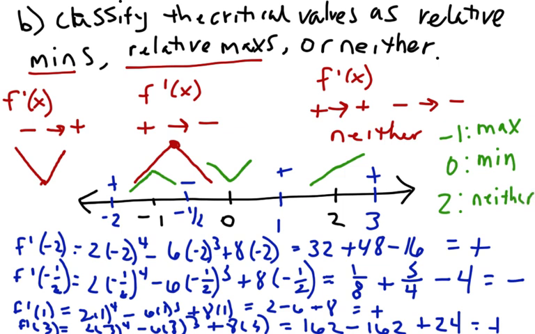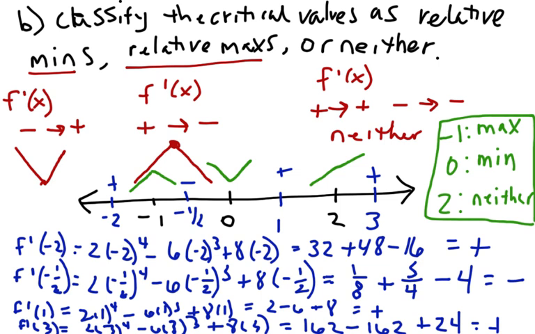Now, this problem said to classify the critical values as relative mins, maxes, or neither, which we've done, so we are finished. Sometimes they might ask you to find the points themselves that are relative minimums or maximums or neither. In that case, I would take these 3 x values, plug them back into the original function, and solve for the y that goes with them. Not in the derivative, but in the original function.